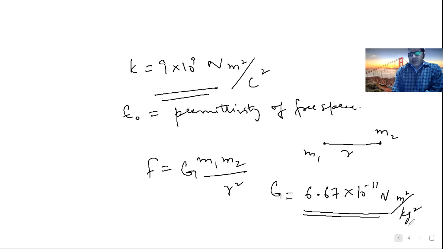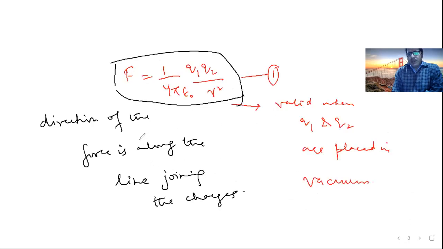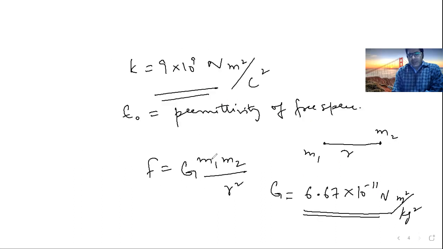Another difference I want to mention here is that gravitational force is not screened. That means if there is some force between two masses at a certain distance in vacuum, and you fill this vacuum with some material, the force is not going to change.